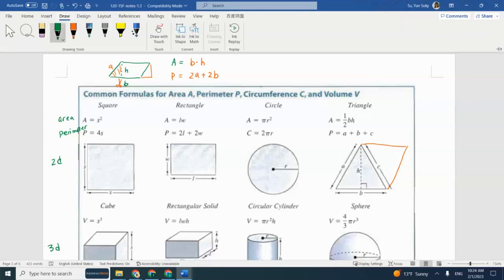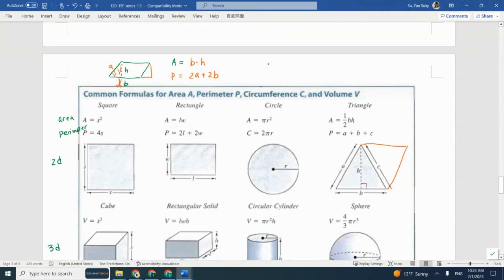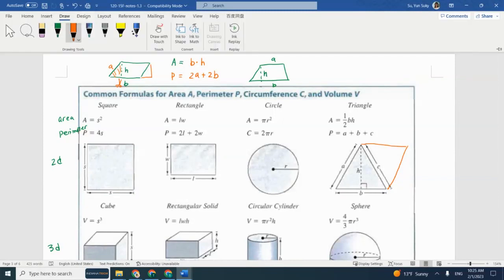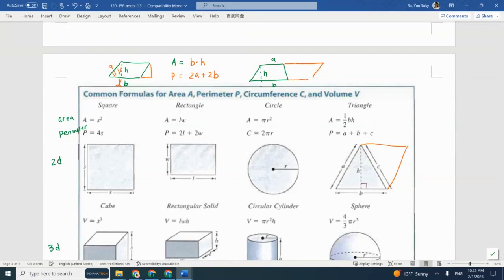Okay, one more. Trapezoid. So let's say this is trapezoid. We have A, B, and H. How do we find the area and the perimeter? Okay, so what we do is similar. We get another copy of the trapezoid and put it upside down and paste here. Do you see you get a parallelogram? With this side, what's this side?